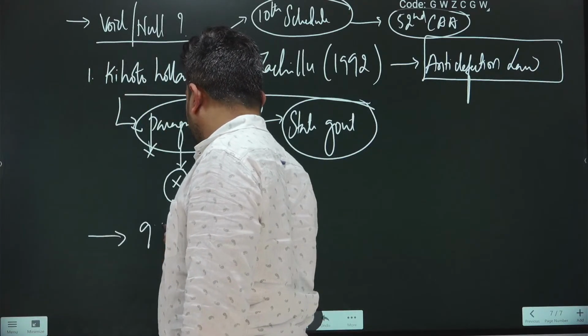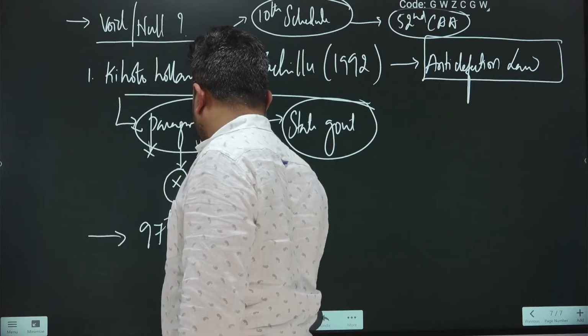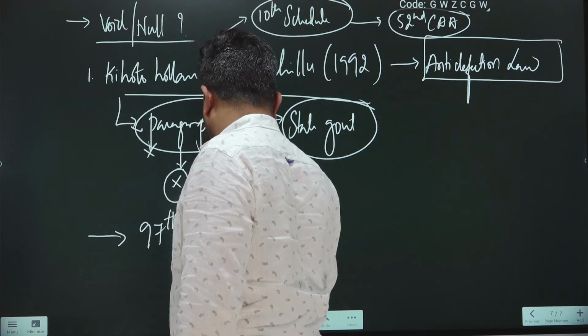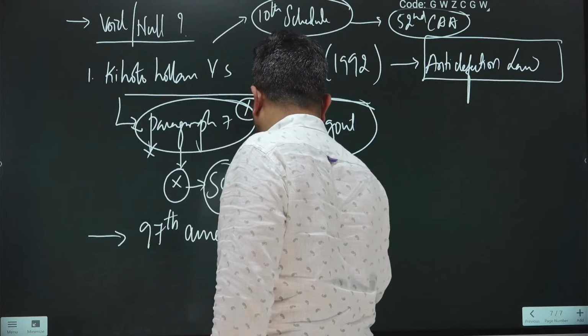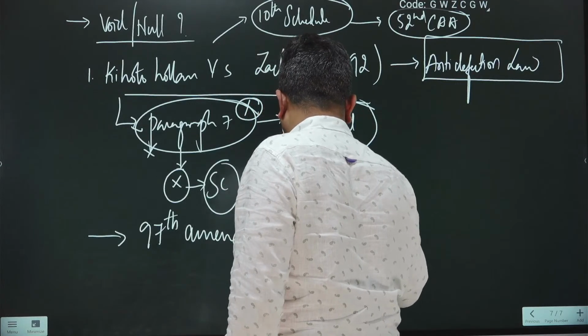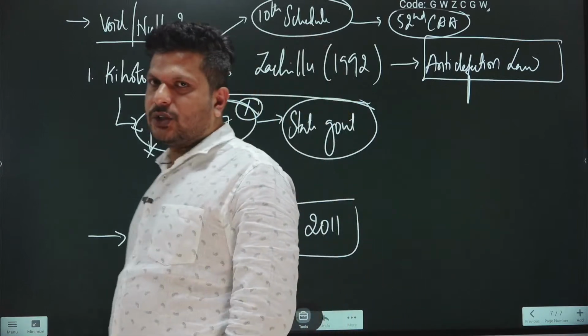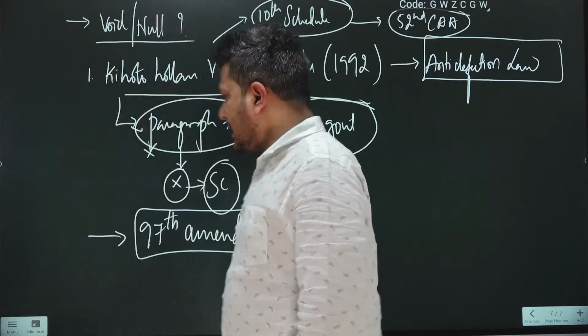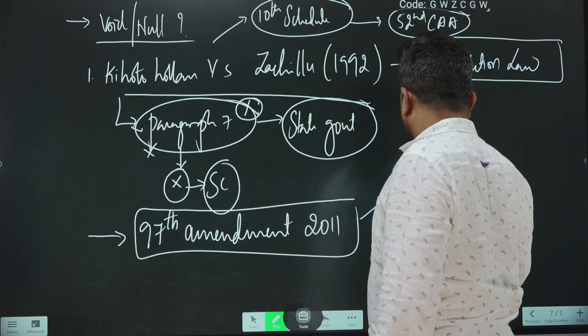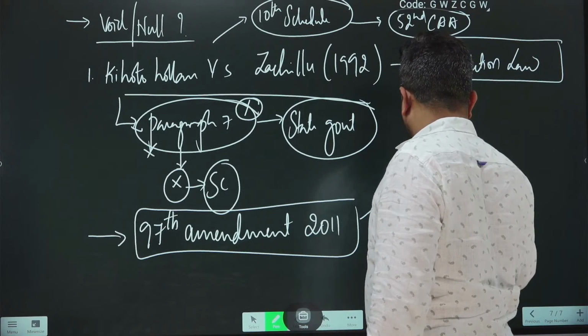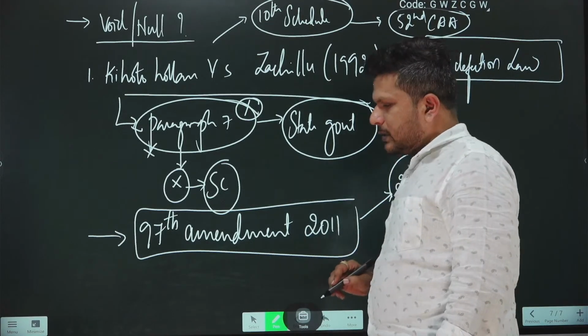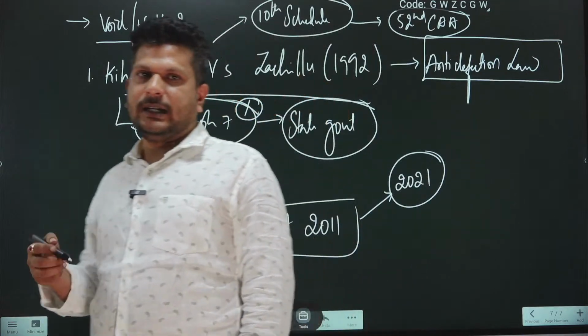If you all remember, the 97th Amendment Act 2011 was majorly related to cooperative societies, and the Rajendra Shah case of 2021 was with respect to cooperative societies.